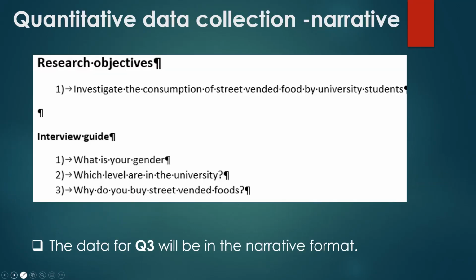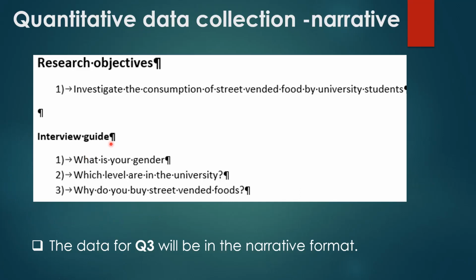Okay, so let's see an example of data collection. This is a research objective from a quantitative research. The objective is to investigate the consumption of street vended food by university students. They are going to use an interview guide with open-ended questions.